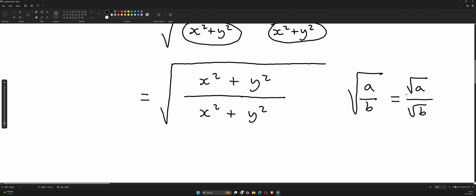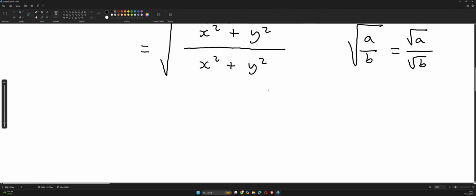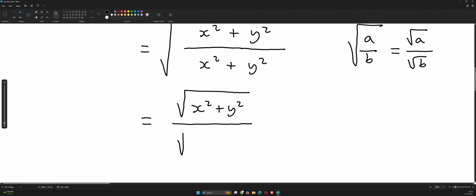Okay, so we're going to apply this rule over here to this expression. So what we get is the square root of x squared plus y squared over the square root of x squared plus y squared.